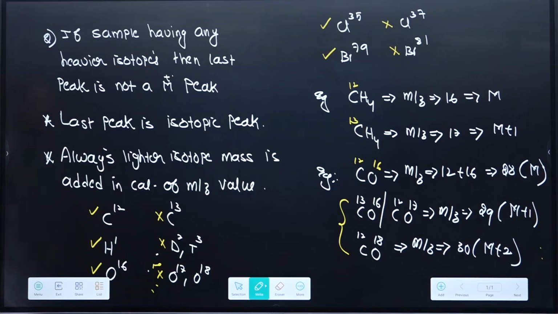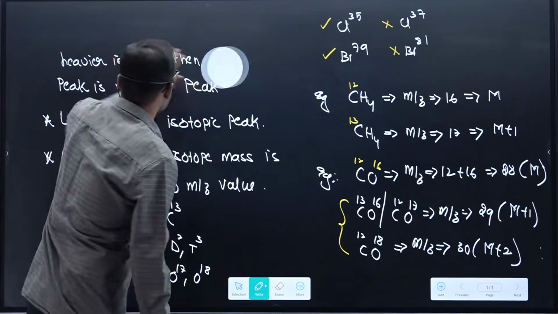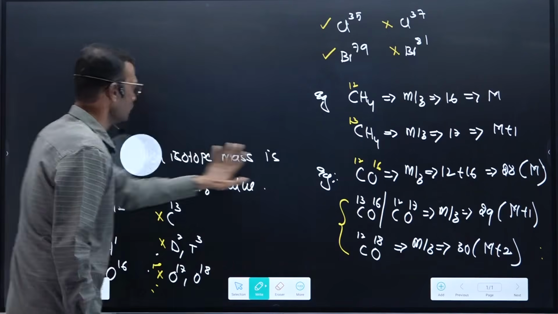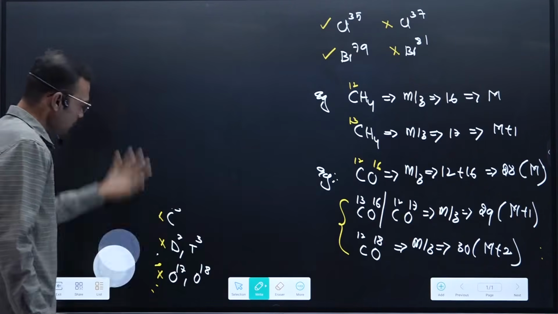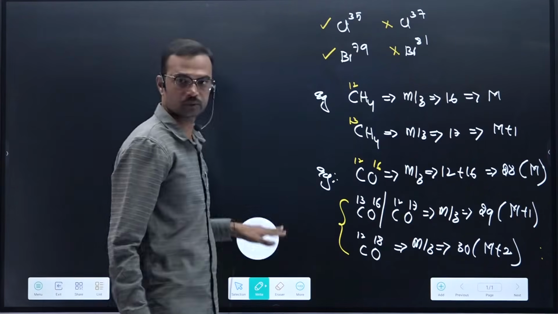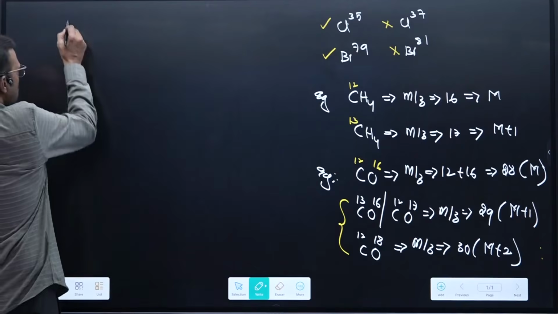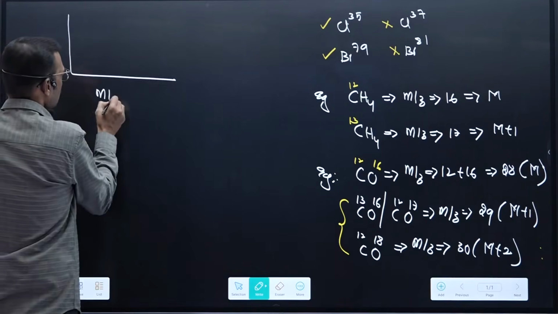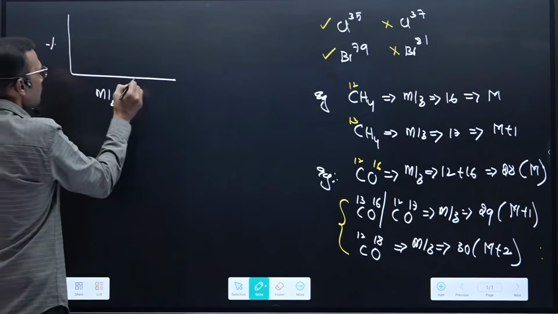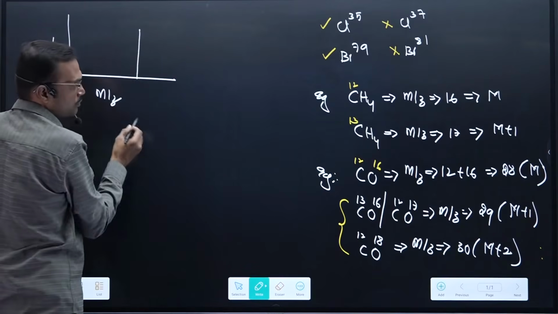So don't add the heavier atom M/Z value in the calculation of the M/Z value. Always take the lighter atom or lighter isotope M/Z value only. Okay. Suppose I take the mass spectrum of this one. See, this is the M/Z value and this is the percentage of intensity. Now here the M/Z value is how much?